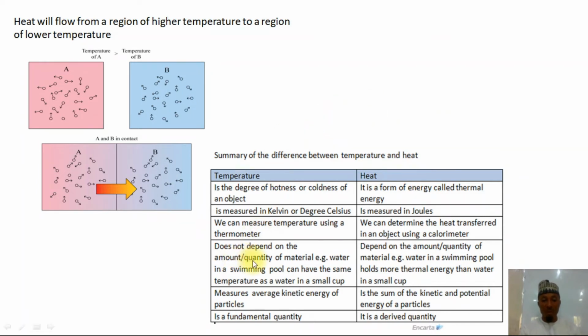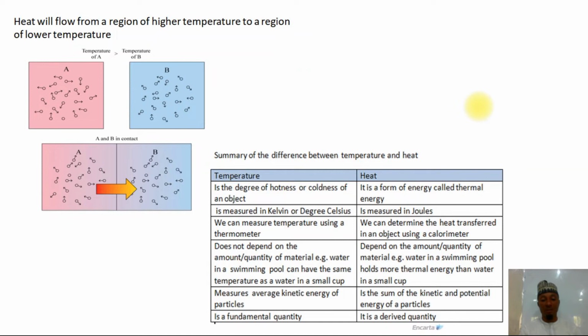The temperature does not depend on the amount or quantity of material. For instance, water in a swimming pool can have the same temperature as water in a small cup. But heat depends on the amount of material. For instance, water in a swimming pool can store much more heat energy compared to water in a small cup.